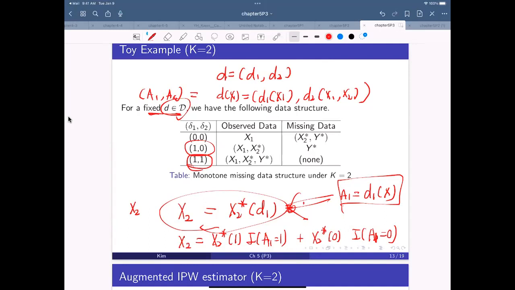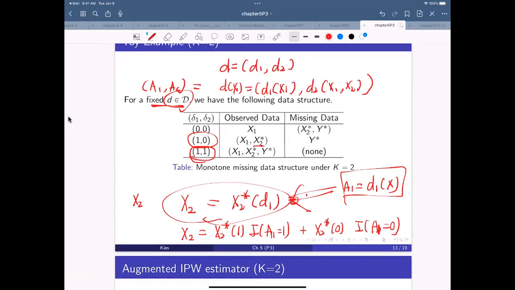So X2 is actually observed data, but because delta 2 equal to 0, Y is not consistent. My observation is not consistent with my potential outcome under D. So then we can treat Y star as missing data, so that it becomes a monotone missing problem.